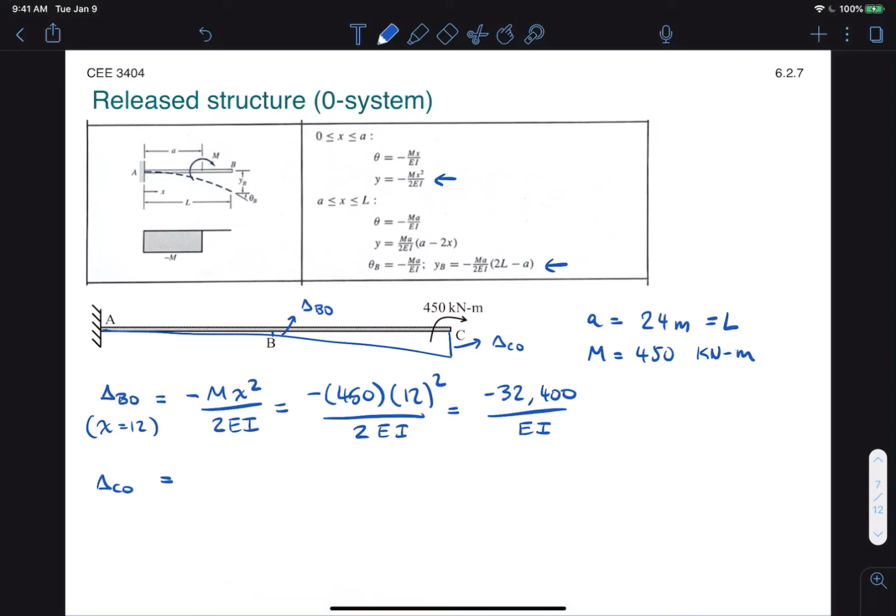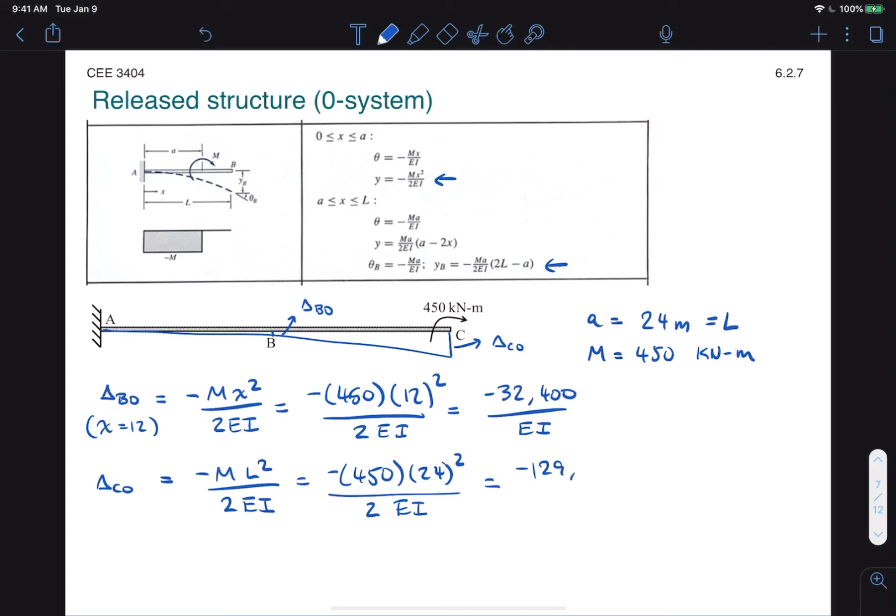We get negative ML squared over 2EI. That gives us negative 450 times 24 squared over 2EI, or negative 129,600 over EI. Okay, so simple enough.